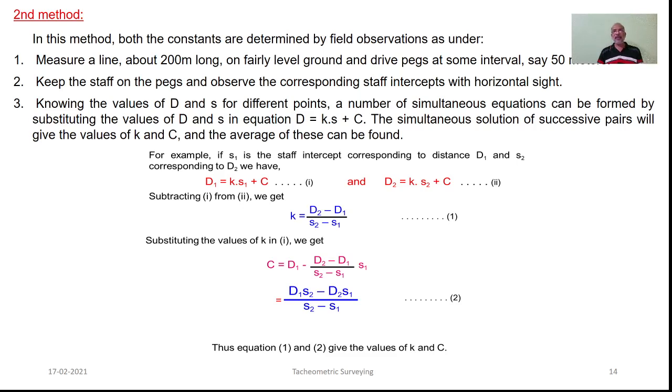The way I mentioned earlier, for the tacheometer, the value of multiplying constant k is said to be 100, whereas the value of additive constant usually is made 0 by inducing the anallactic lens.